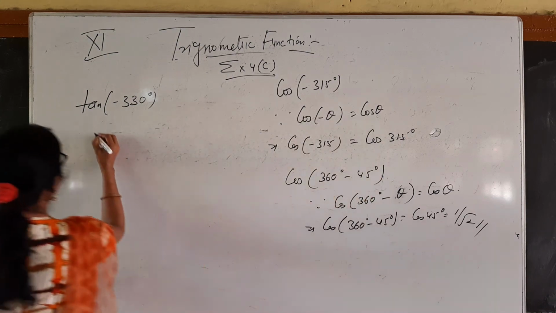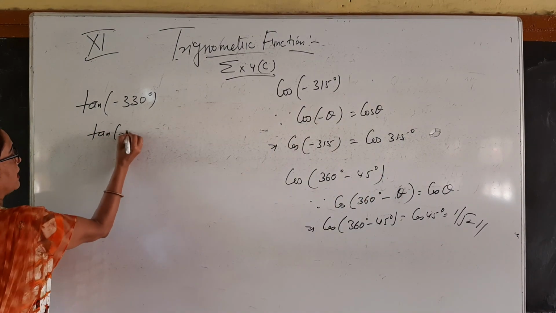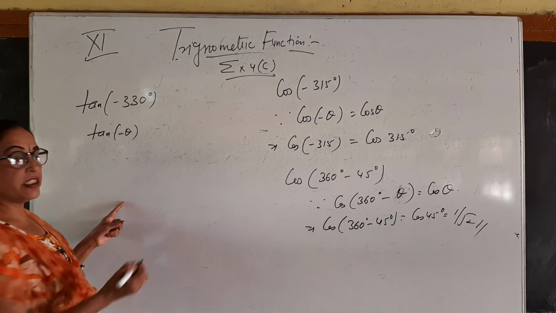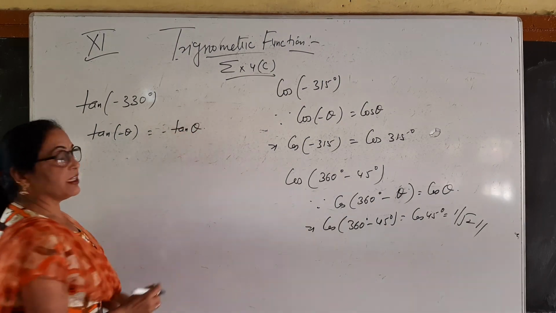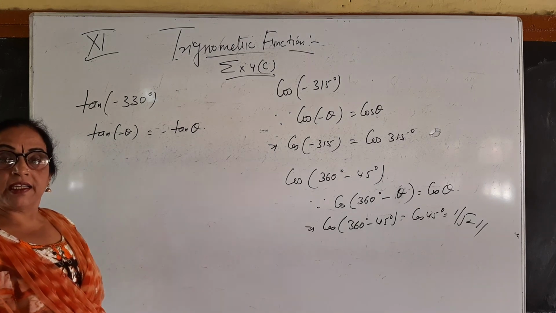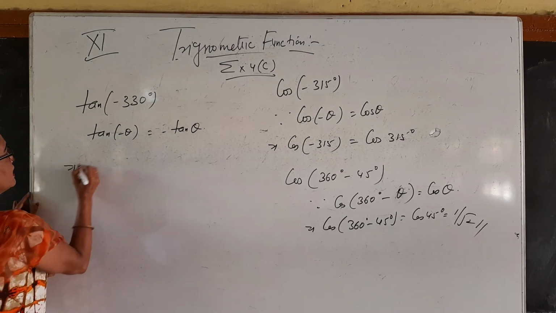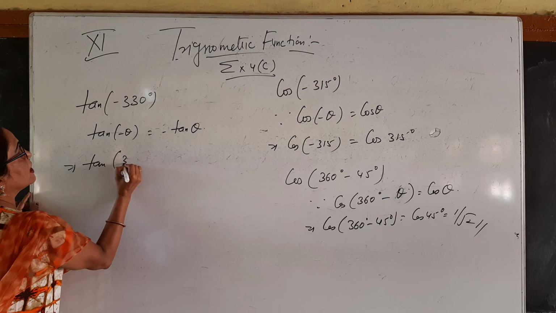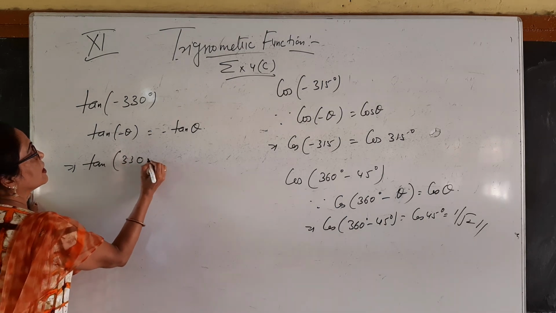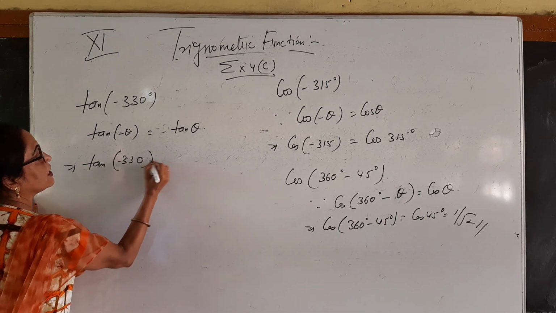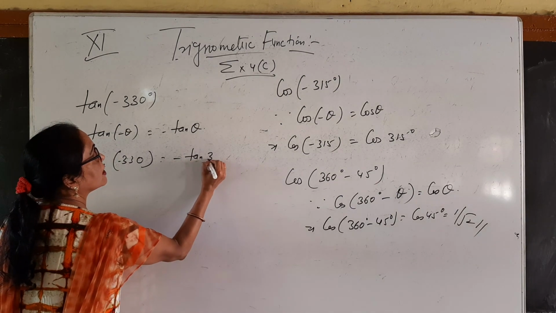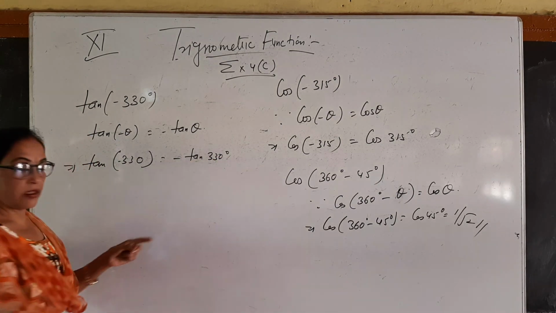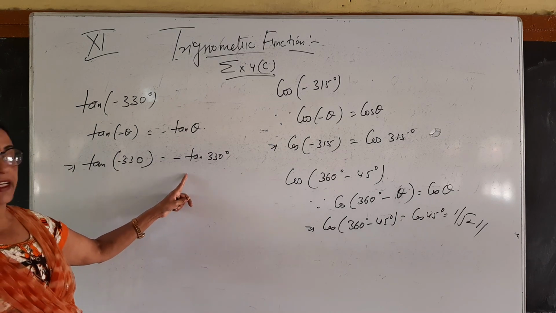So we can write tan(minus theta) is equal to minus tan theta. So we will get minus tan 330 degree. So first we have removed the minus sign.